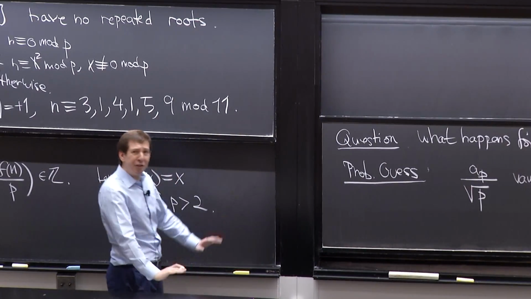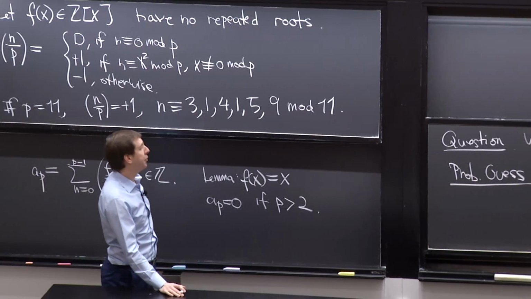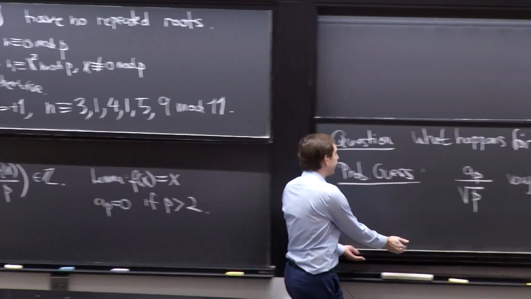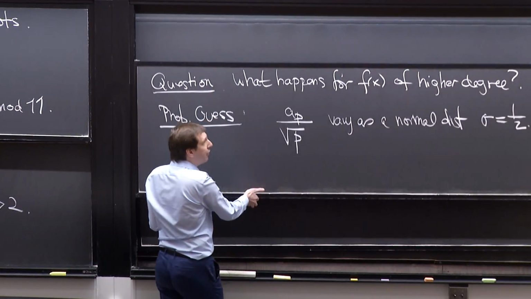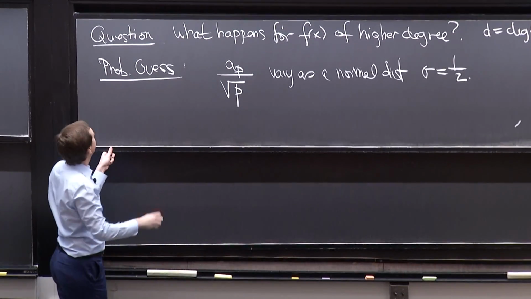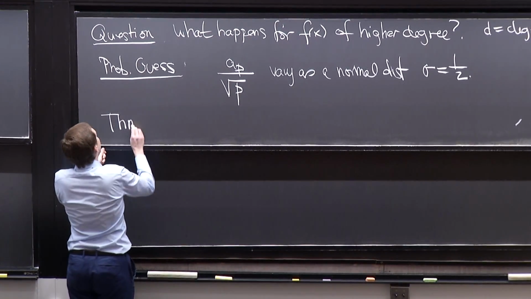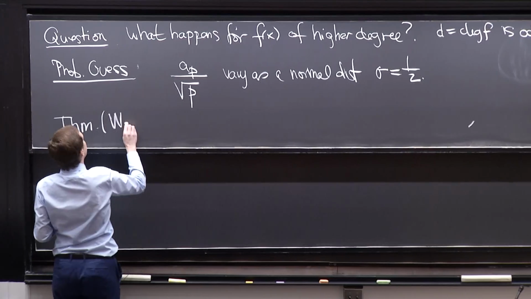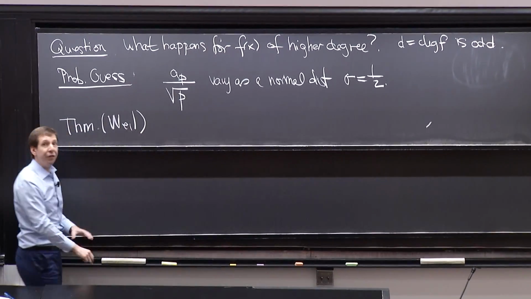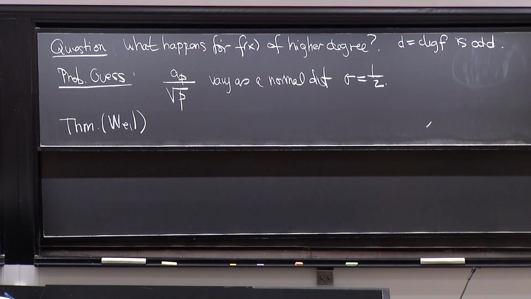Okay, so actually this is a very good first approximation, but it's not quite right because there are extra constraints, of course, coming from arithmetic. So there's a theorem in this case which is due to Weil, and in fact it's a very special case of the Weil conjectures that were later proved by Deligne.